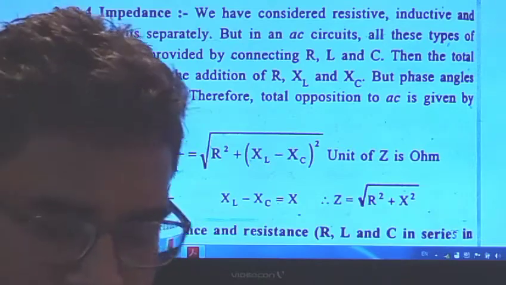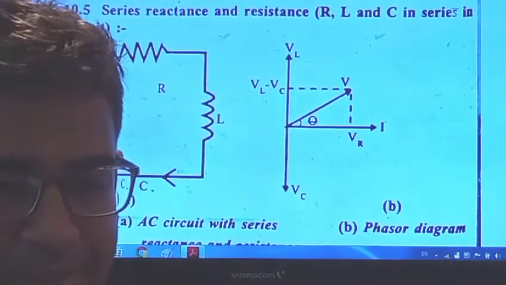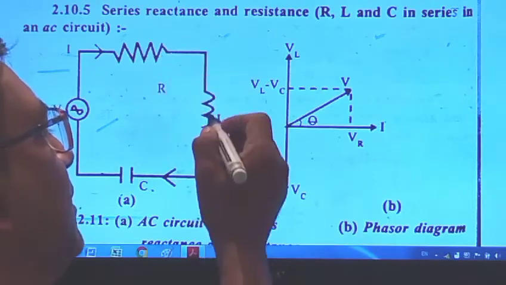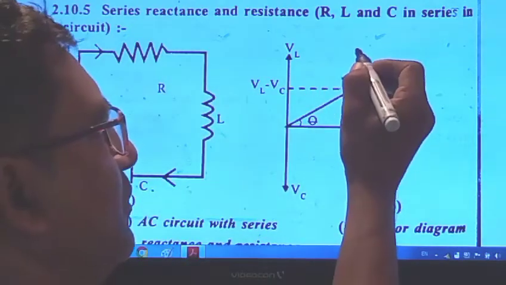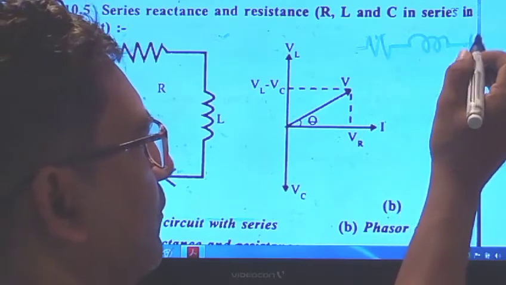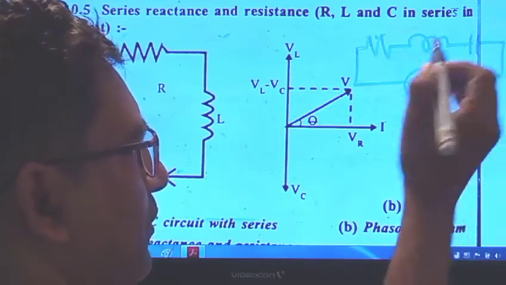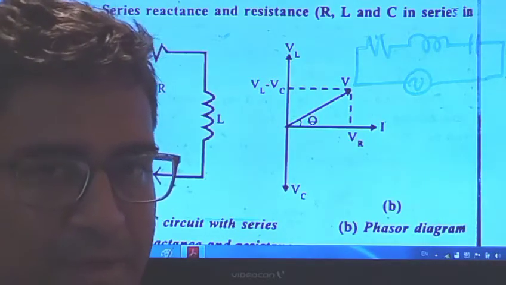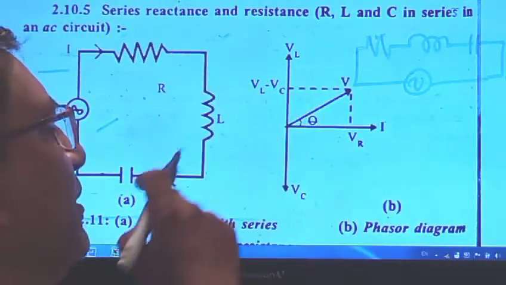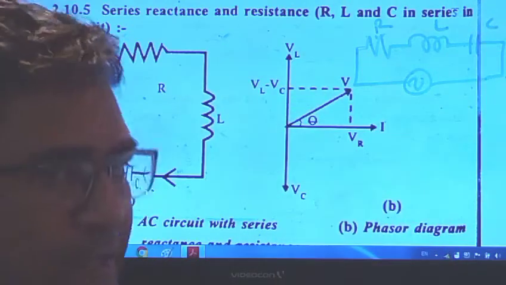Then consider the series RLC circuit in an AC circuit. Here you have to consider the resistor, the inductor and the capacitor. In some books this diagram is also drawn, with the resistor, inductor and capacitor indicated by R, L and C in series.